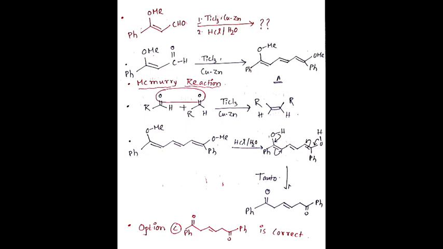So this methoxy group, the ether linkage, readily breaks down and gives the corresponding enol, and via keto-enol tautomerism it gives the corresponding ketone, which is your desired compound. So option C is your correct answer. This is a very good question, and it is frequently asked in GATE and NET exams. So the McMurry reaction or McMurry coupling is very important.